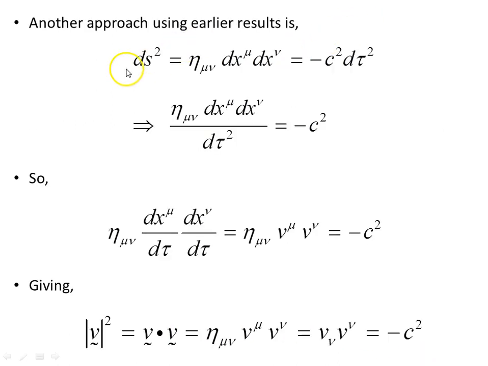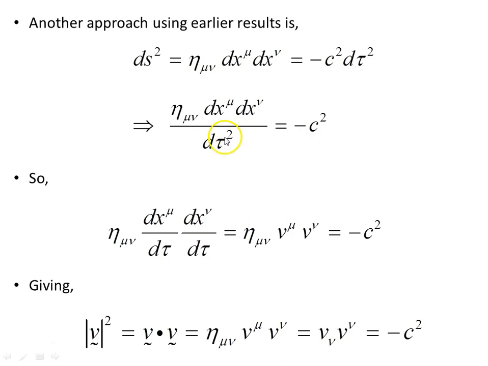Alright, let's come at that from another approach now. The space-time interval squared can also be written as eta mu nu, that's the Minkowski flat space metric, times these differentials here, and that's equal to minus c squared d tau squared. So in the last term here, why don't we divide through by d tau squared, leaving minus c squared by itself.